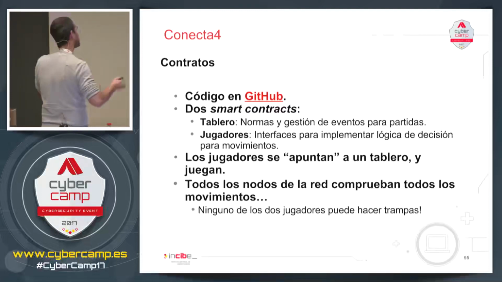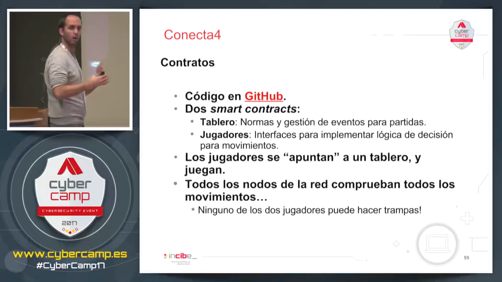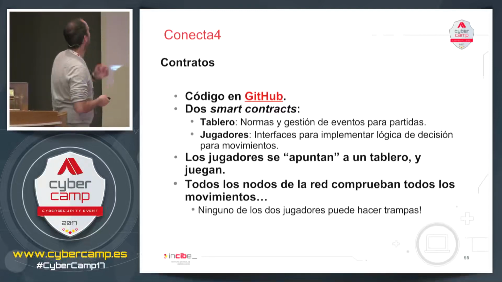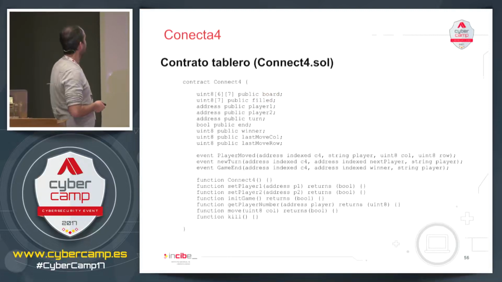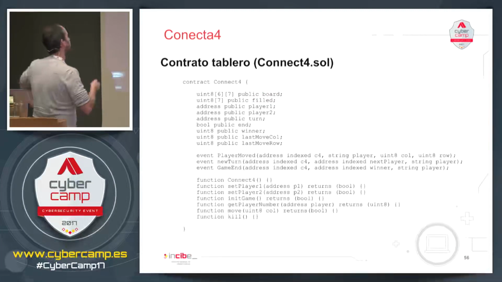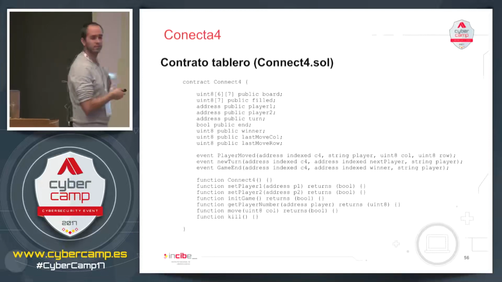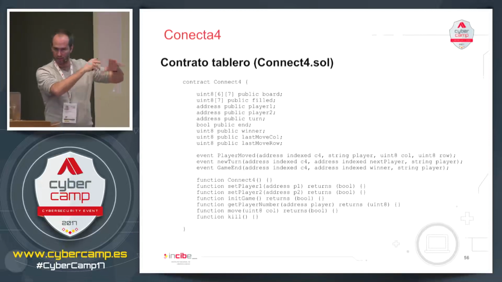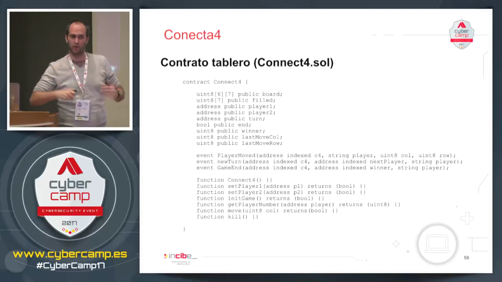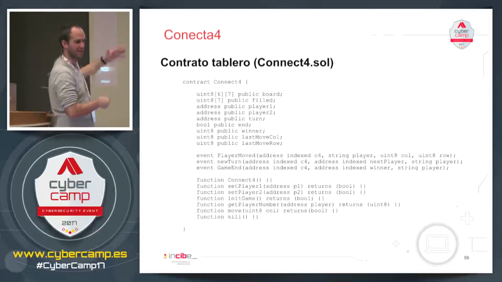And vice versa. Even though we can't trust each other, we can play 4 in a row, Connect4, in such a way. This is just the functions, the board contract for this 4 in a row game.